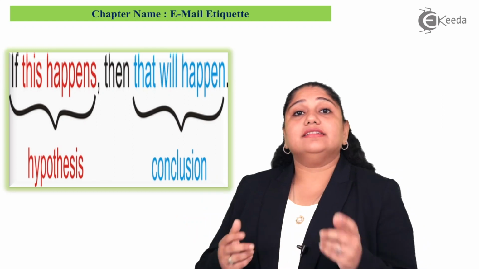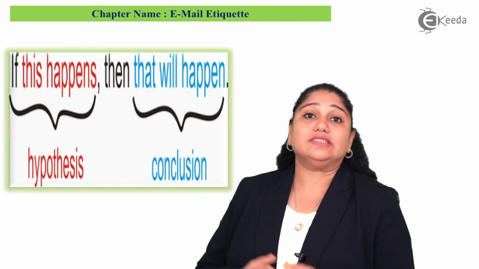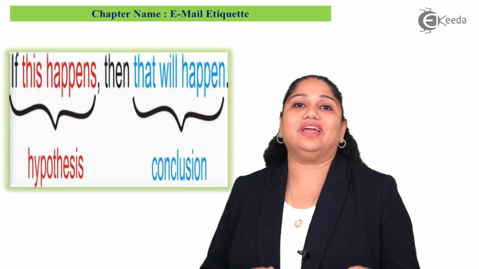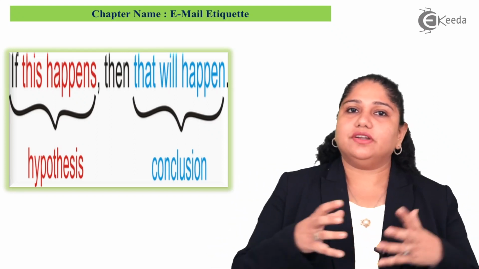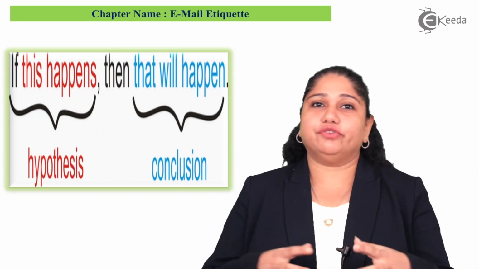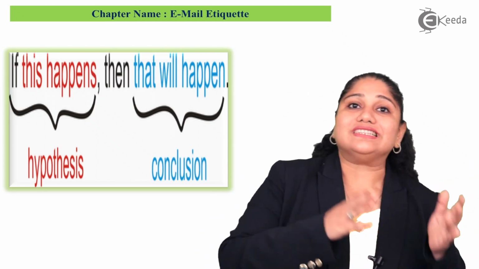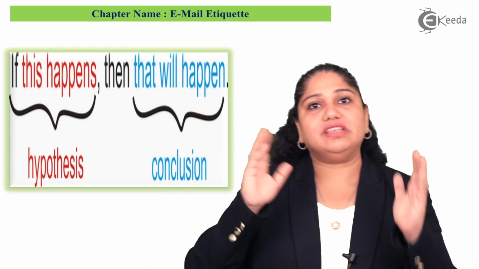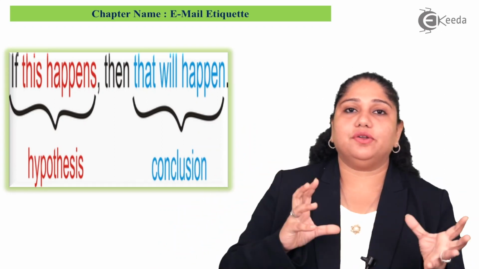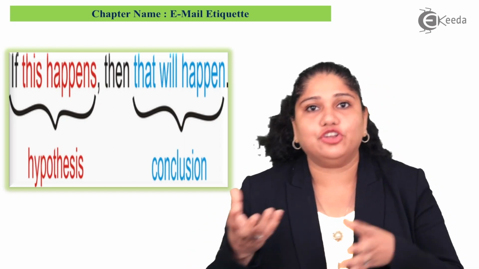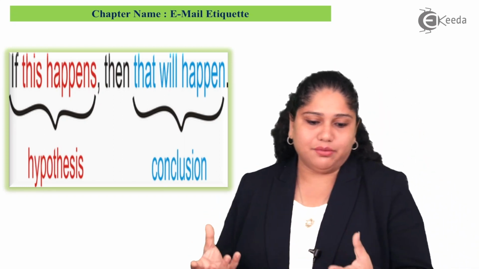Now, there are certain statements that you use while writing an email, not all the time, but majorly when you have a point of discussion, like using if and then. These are two very important conditions that you put while writing a mail.